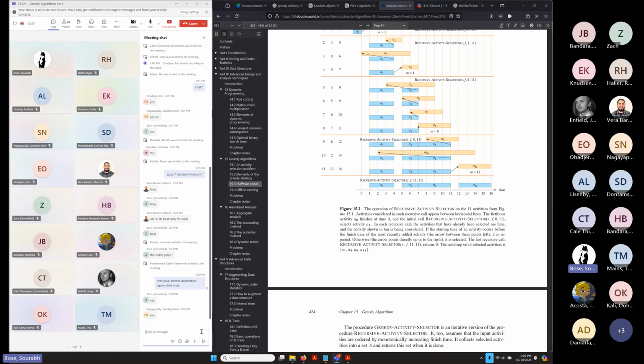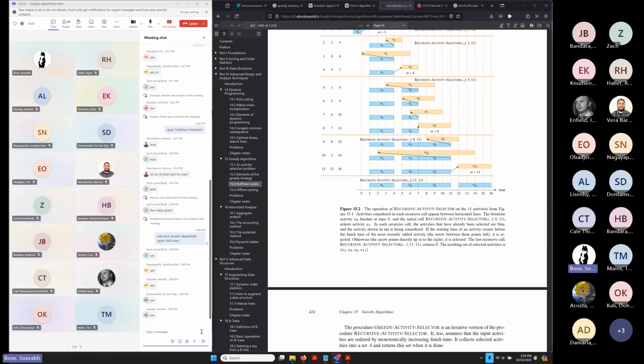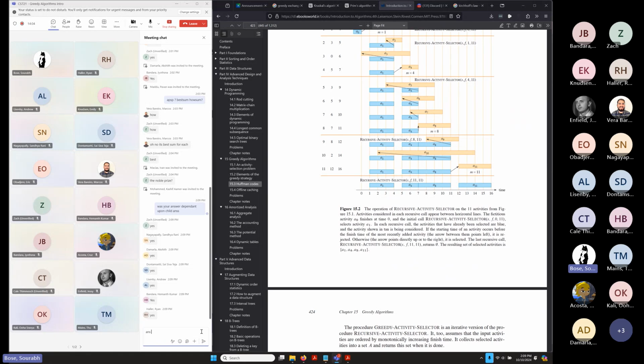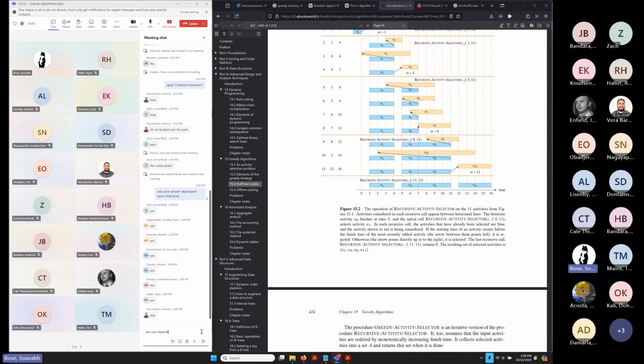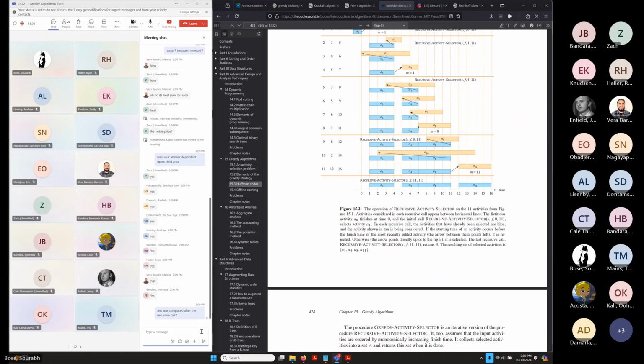Everybody else, do you guys also agree? Right? So may I then say that the answer was dependent on the children, so the answer was computed after the recursive call, right?